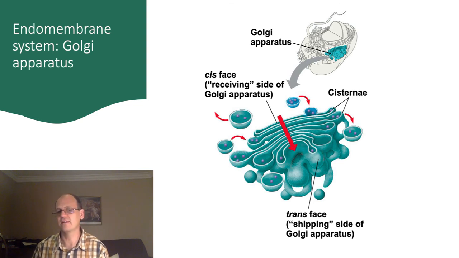One common fate of vesicles leaving the trans face of the Golgi is that they contain digestive enzymes. These packets of digestive enzymes eventually fuse with and mature into lysosomes, which you can think of as cellular recycling centers.